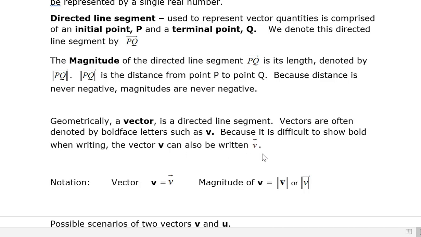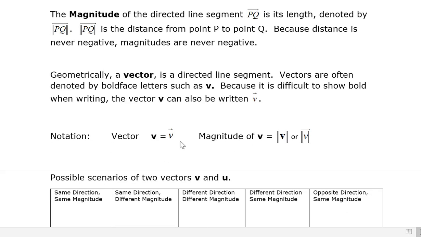If you're handwriting it, you're going to draw the letter with just a little arrow over it. Right? So just the notation here. Vector V is the same thing as this V with an arrow over it. The magnitude of V, you could show a bold-face V with the double bars here, or the V with the arrow over it.